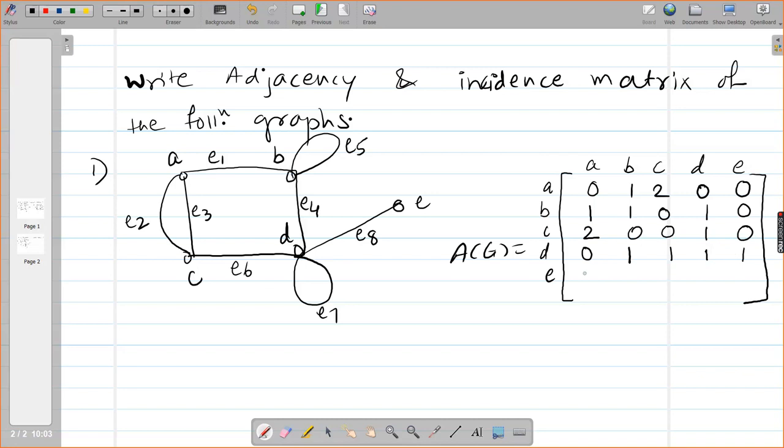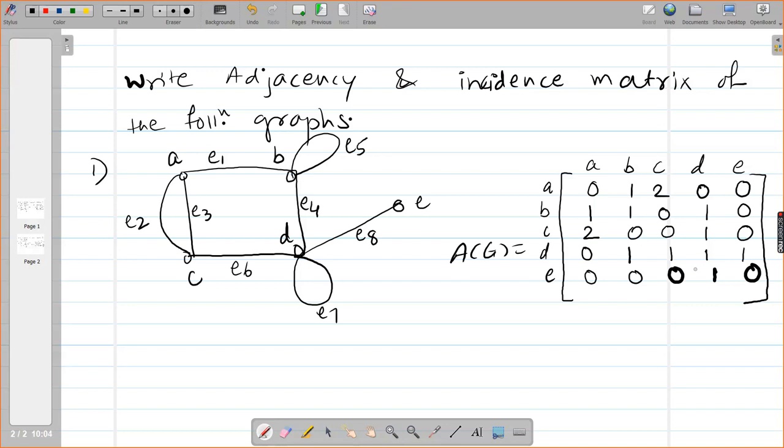Yes. E to A? No. E to B? No. E to C? No. E to D? Yes. E to E? 0. So is it a symmetric matrix? Do you find it symmetric? First row is the same as first column, second row same as second column.